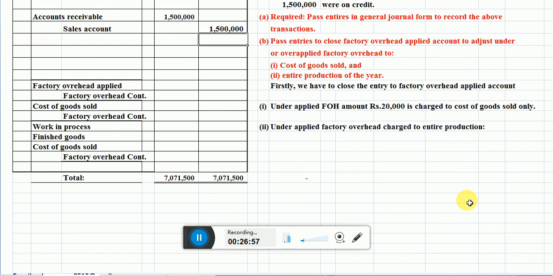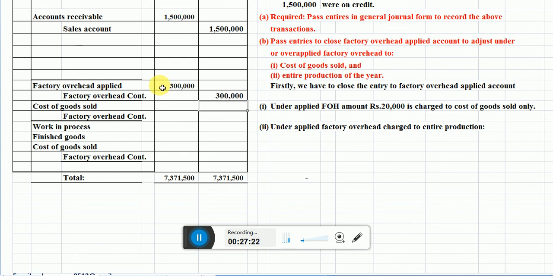The under or over applied factory overhead is charged to the cost of goods sold here. Firstly, we have to pass the closing entries of factory overhead applied to factory overhead control here, which is 3 lakh rupees here, and this is also 3 lakh rupees here.